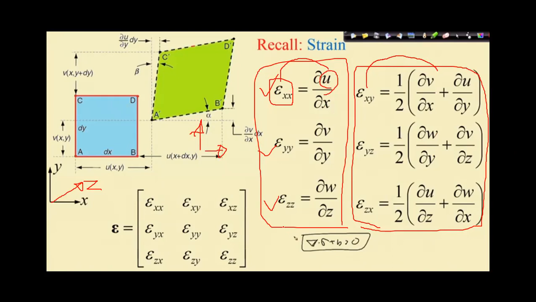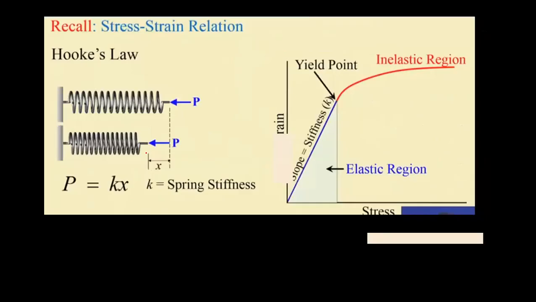Okay, so it's again a symmetric matrix, right? In Hooke's law, for a 1D case, you are giving a P force axially, right? So you know this is stress and strain.